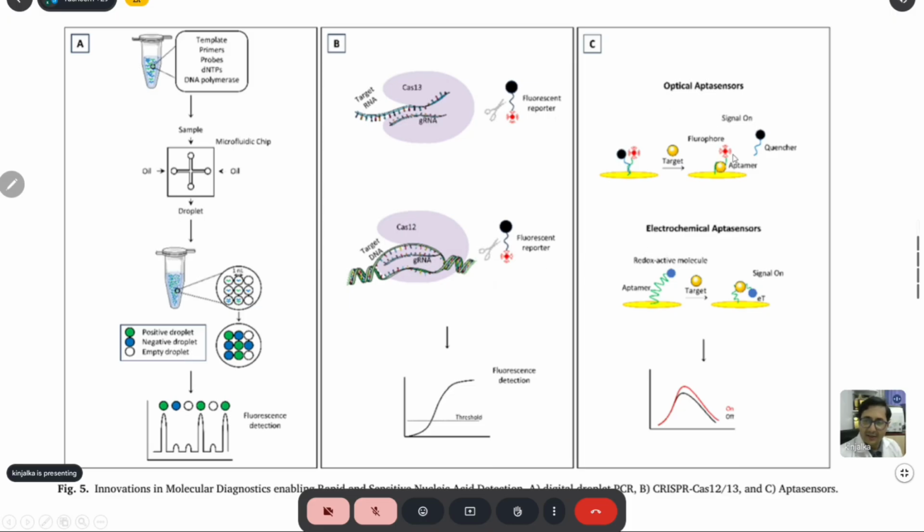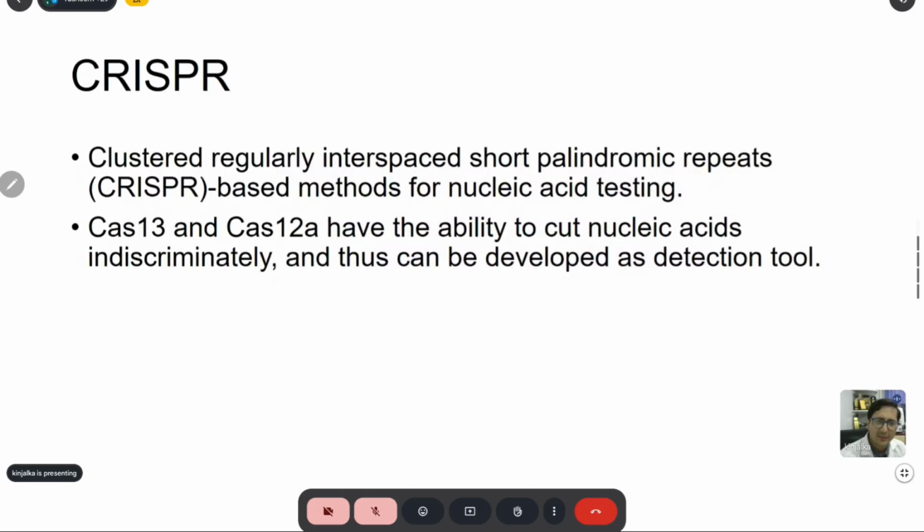Similarly, there are optical aptamer sensors which give out signals detected by electrochemical signals. So these are the novel kinds of molecular techniques which are available. CRISPR is basically one thing. Again, we'll need another session probably, or I can share the videos for CRISPR.